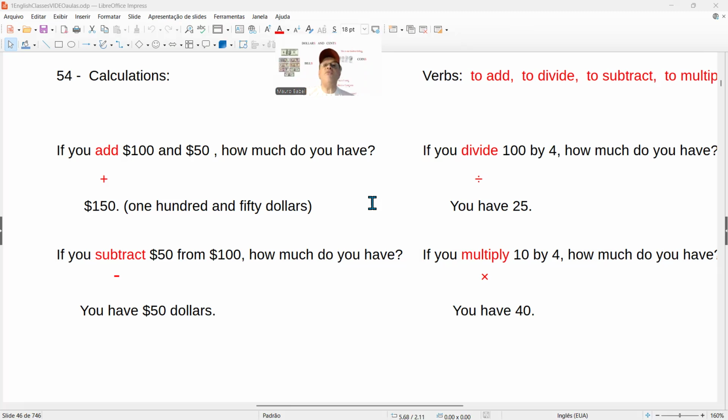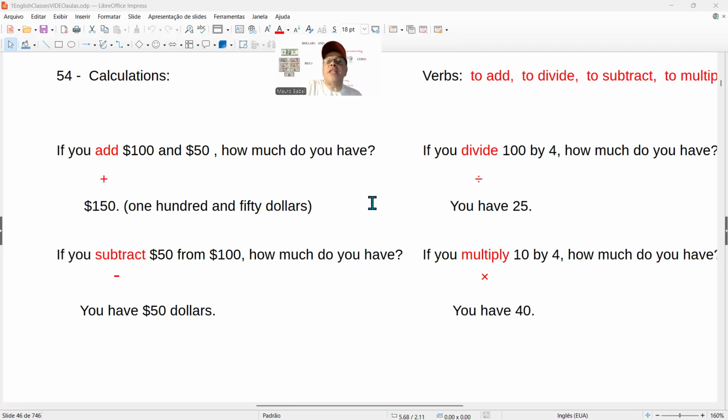Vamos lá. Again, if you add $100 and $100, how much do you have? Perfect. If you add $100 and $100, you have $200. Perfect. If you add $50 and $50, how much do you have? Perfect.